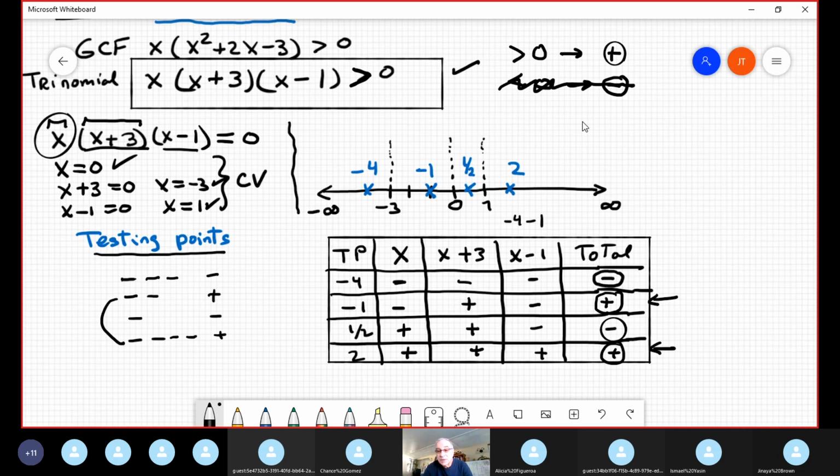This and this. I just isolate, highlight, using another color, the positive part. So some testing points fail, and some testing points pass. The testing points that pass are the positive ones in this example, not always, depending on whether it is greater than or less than.